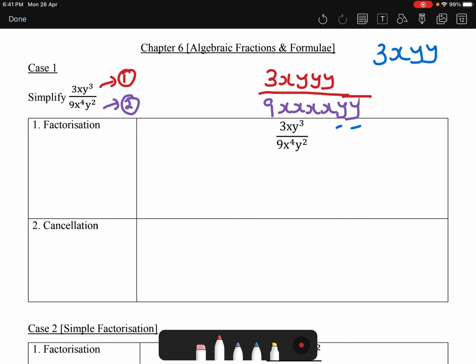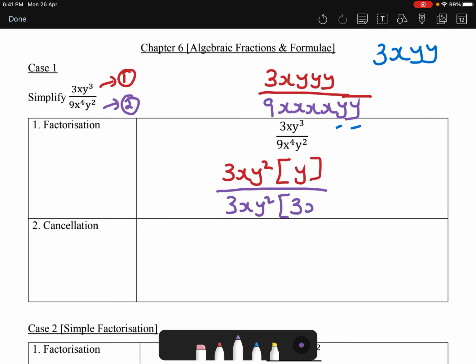If I factorize out my 3xy squared, what should I get? 3xy squared, and what is left after you factorize it out is y. At the bottom, you factorize out the same thing, 3xy squared, bracket, so 3x, right? So x cubed, and no more.